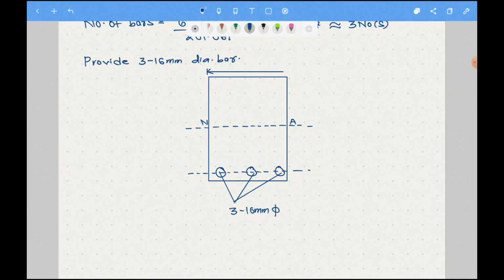And the width of the beam that was provided in the question was 250 mm. And here the effective depth should be equals to 550 mm, and the overall depth should be equals to 600 mm.